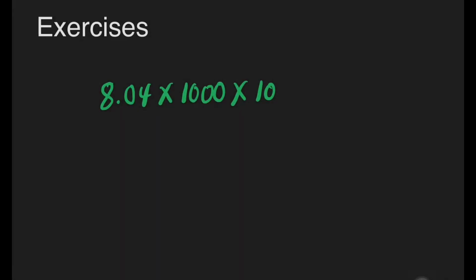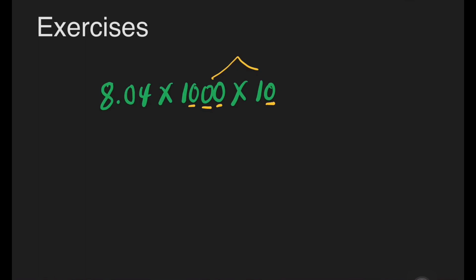What if our given is this? 8 and 400 times 1,000 times 10. So it means we will move decimal places to the right for how many times? Is it 3? Is it 4? Okay, we will move it 4 times because we have here 1, 2, and 3, and then this one. So it means we have 10,000s in our given if we multiply these two.